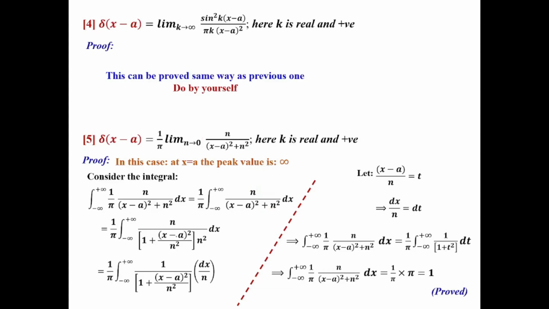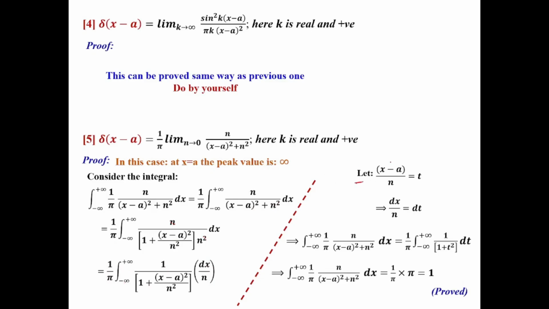It will be 1 plus (x minus a) square by n square into n square, or you can say n square taken common from this term and written like this, right? So here n and n got cancelled. It will be written as 1 by pi, minus infinity to plus infinity, 1 by this much. Here n is written as dx by n.